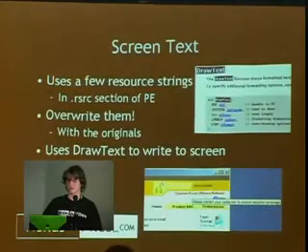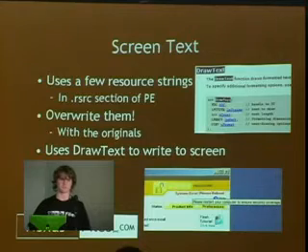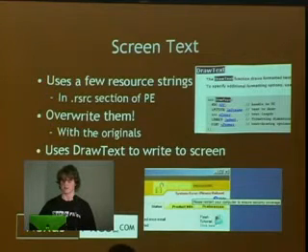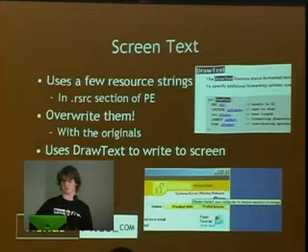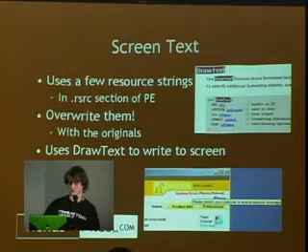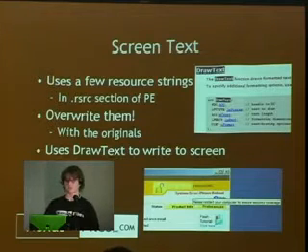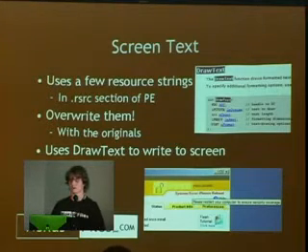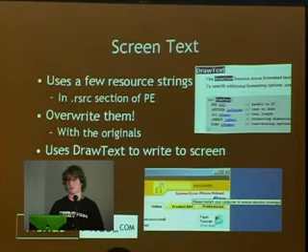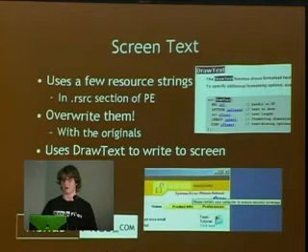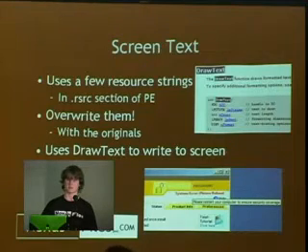Now, the other very significant problem in this case is the various screen text that's going to show here. If you can see that, "System error, please reboot, and please restart your computer to ensure security coverage," that's a bit of a giveaway. These resource strings are in what's called the .rsrc section of the PE. For all of you who do not know, PE means portable executable. It is the executable format that is used on Windows.